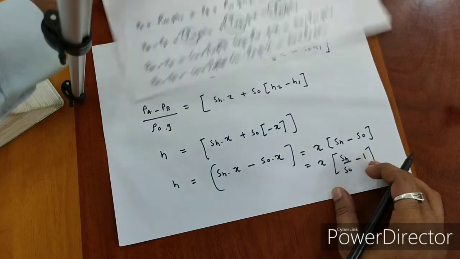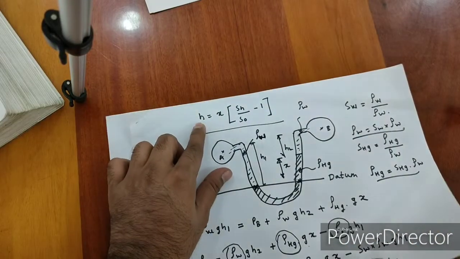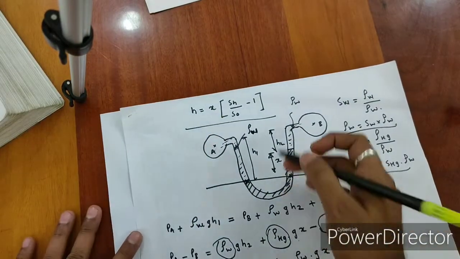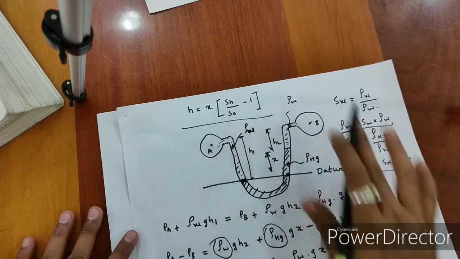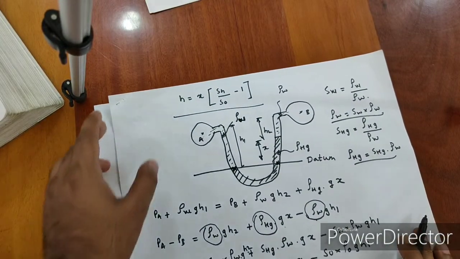So we have derived the relation between H and x, and we most often use it in the case of the Venturimeter and the orifice meter.